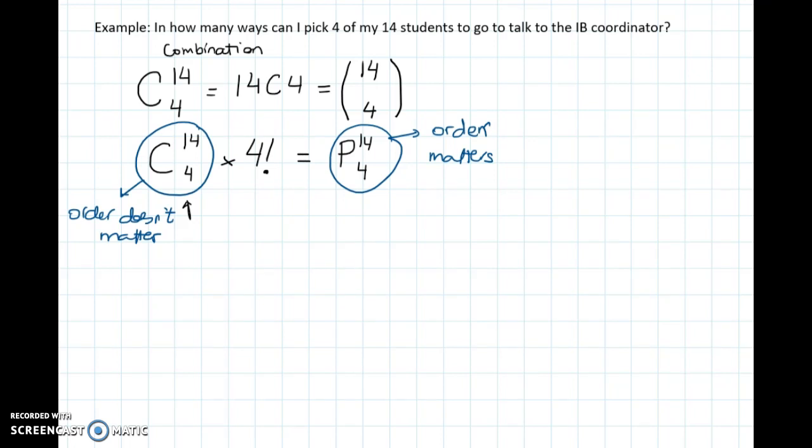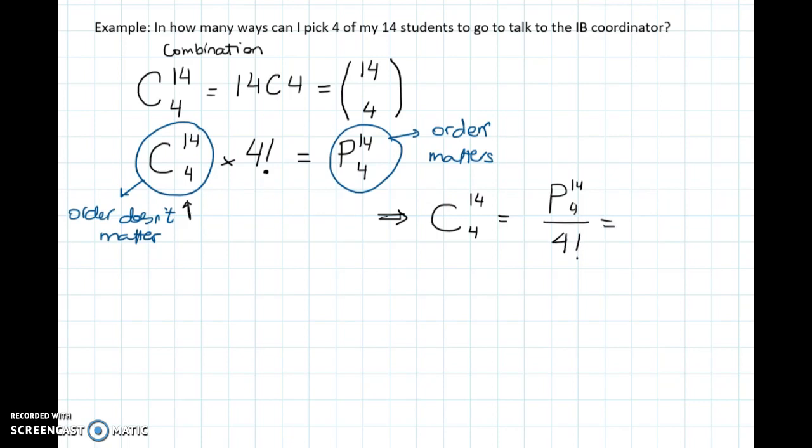So I don't know what the combinations of 4 objects taken out of 14 is, but if I multiply it by 4 factorial to see all the possible orders, then I get the permutations. And we know how to find that. So from here we can isolate the combinations of 14 taken 4 at a time, and this is going to be the permutations divided by 4 factorial.